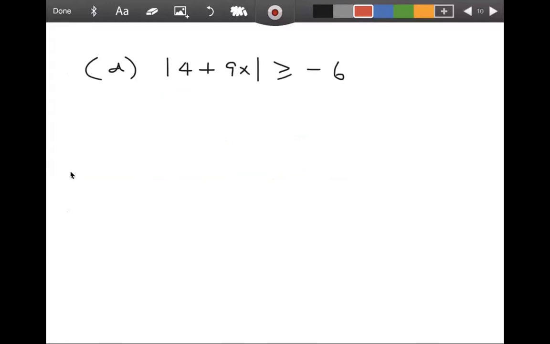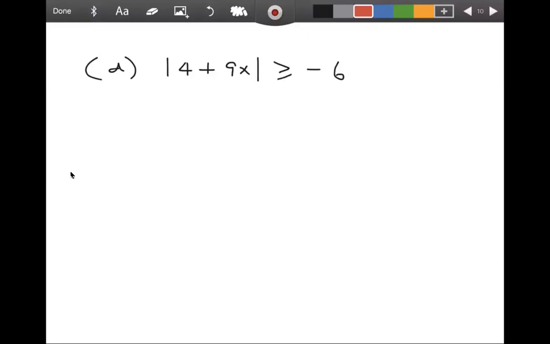It's saying that some distance is greater than or equal to -6. So the question is, when is distance greater than or equal to -6? The answer is always, right? Because distance is actually always greater than or equal to 0. And all numbers that are greater than or equal to 0 are greater than or equal to -6.